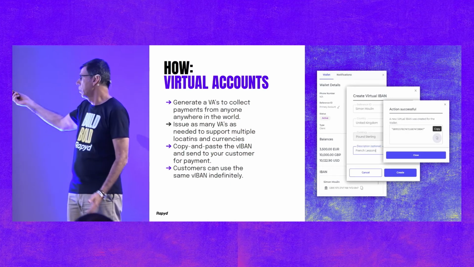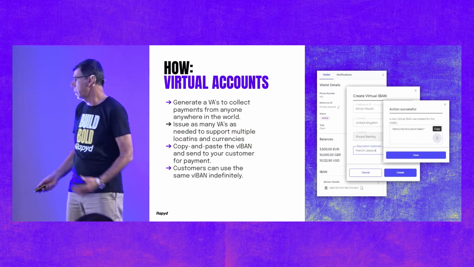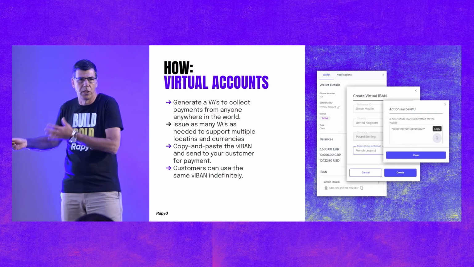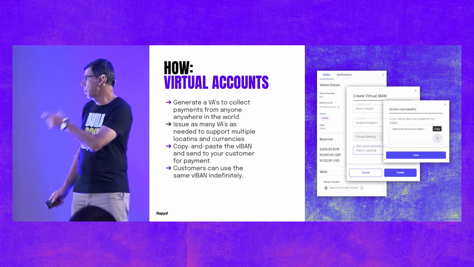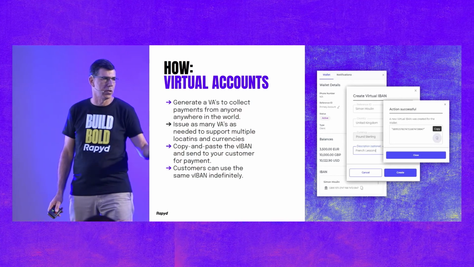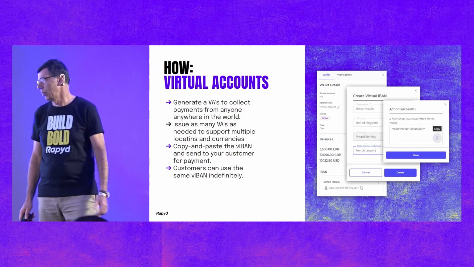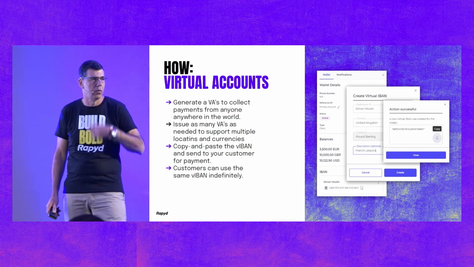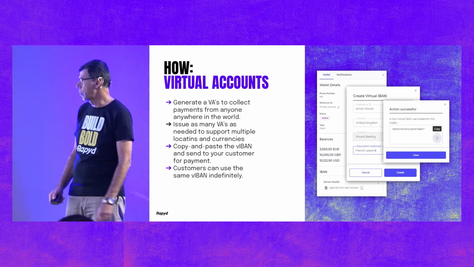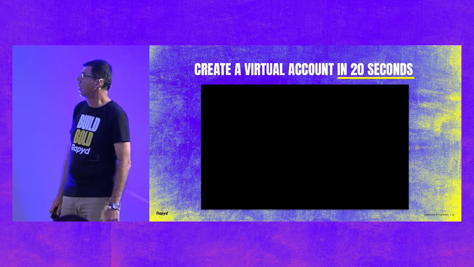In this case, it's an IBAN, but not in all countries it's an IBAN. IBAN is more of a European virtual account. But you take this virtual account number, you provide it to your customers, and that's it. Now they can start using this either as a single-use virtual account or as a multiple-use virtual account.